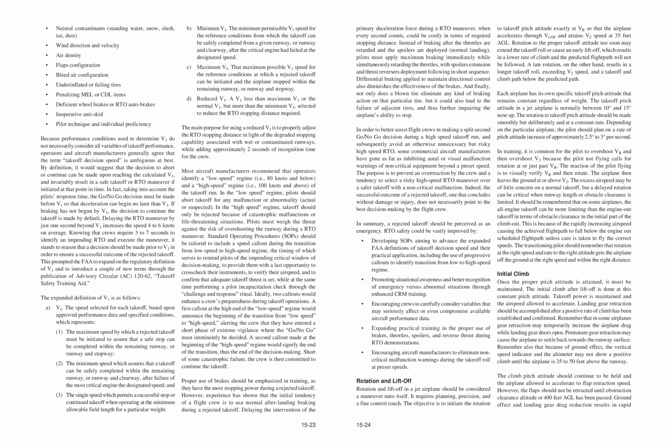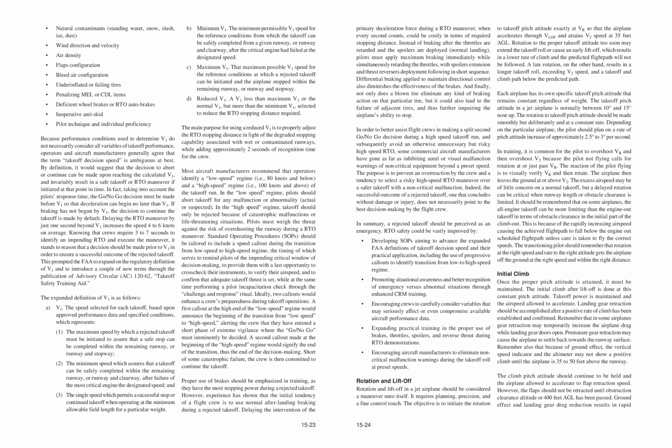D. Reduced V1. A V1 less than maximum V1 or the normal V1, but more than the minimum V1, selected to reduce the RTO stopping distance required. The main purpose for using a reduced V1 is to properly adjust the RTO stopping distance in light of the degraded stopping capability associated with wet or contaminated runways, while adding approximately 2 seconds of recognition time for the crew.